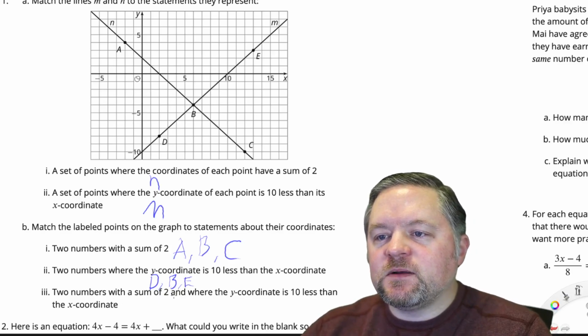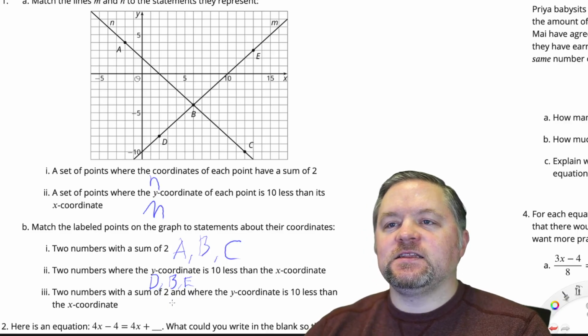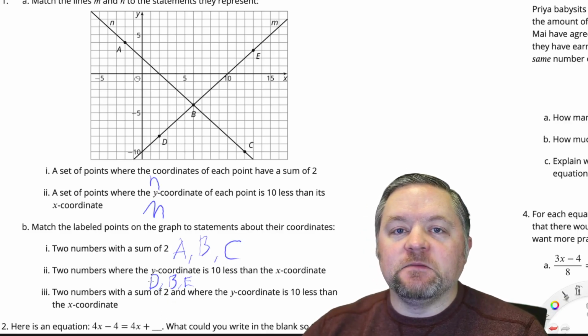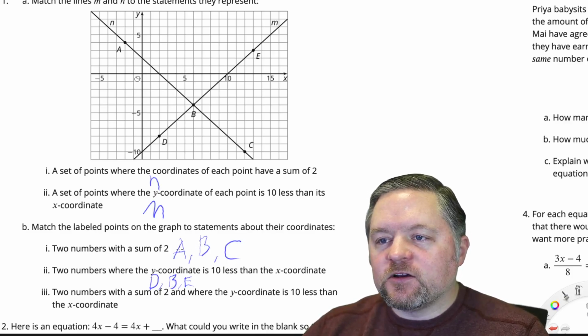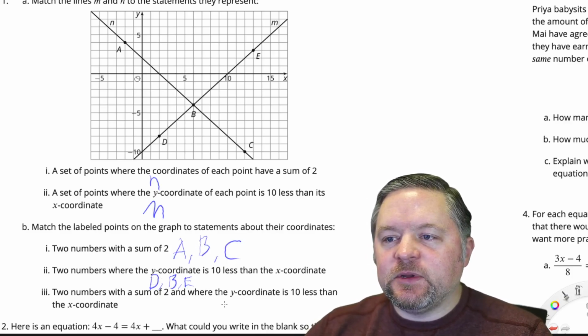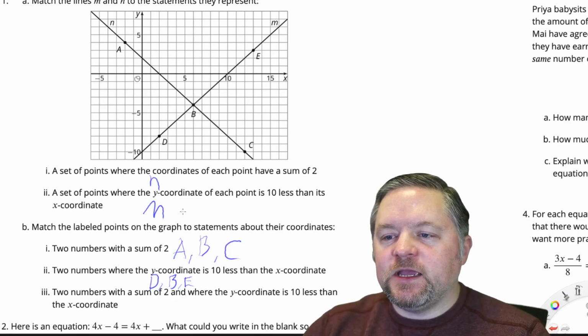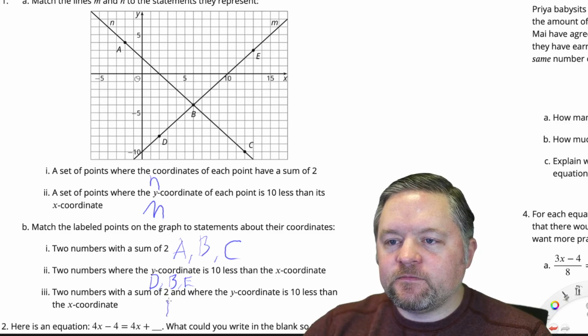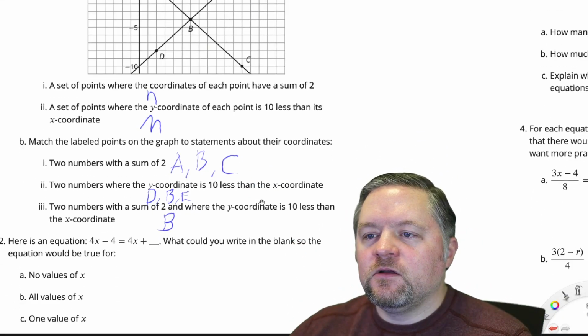Two numbers with a sum of 2 and where the y-coordinate is 10 less than the x-coordinate, which means both of those statements have to be true. Well, if I look at this, we have A, B, and C, and then D, B, and E. Which point is true for both of those? That's B right here. Okie dokie.